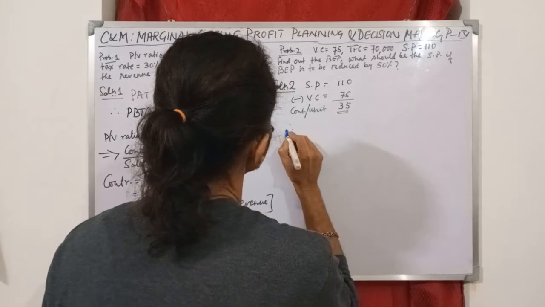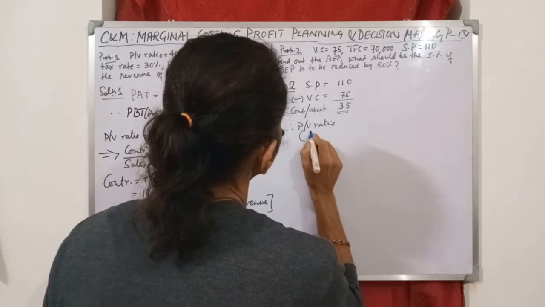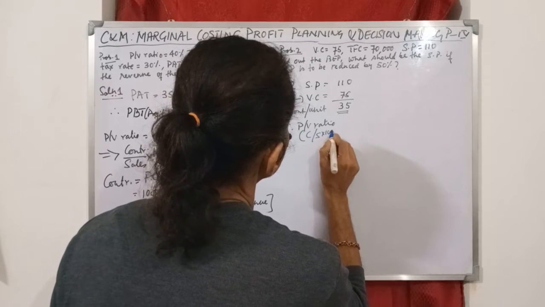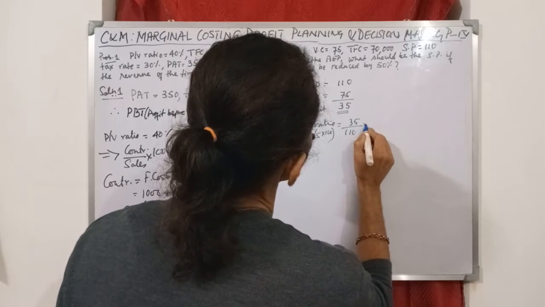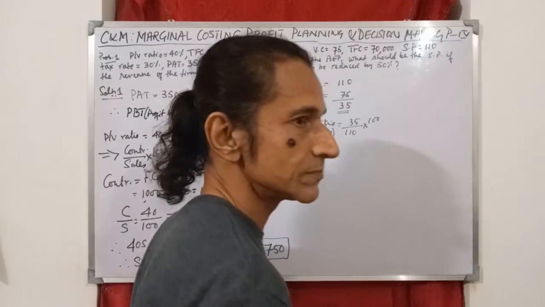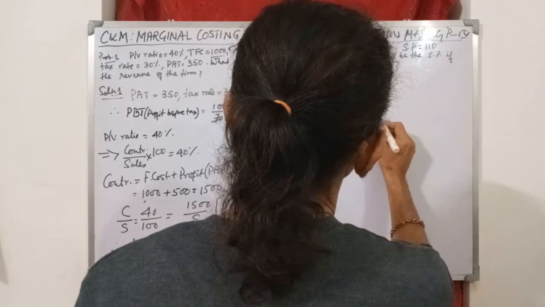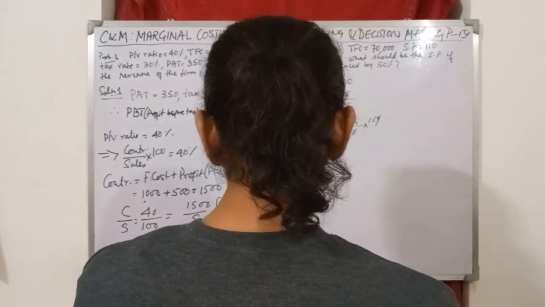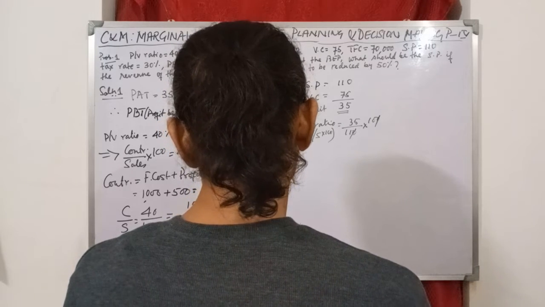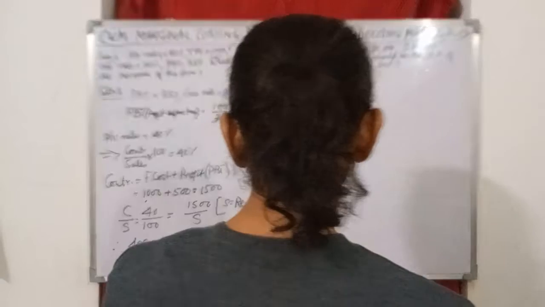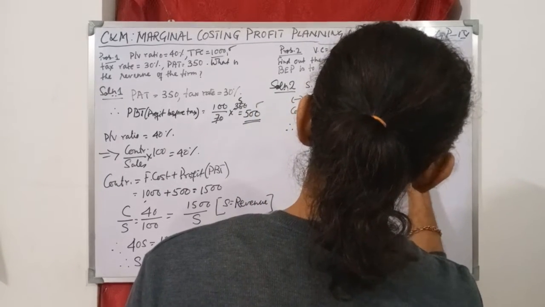Therefore PV ratio, which is contribution by sales into 100, equals 35 over 110 into 100, that is 350 divided by 11, that gives us 31.8181, so 31.82%.